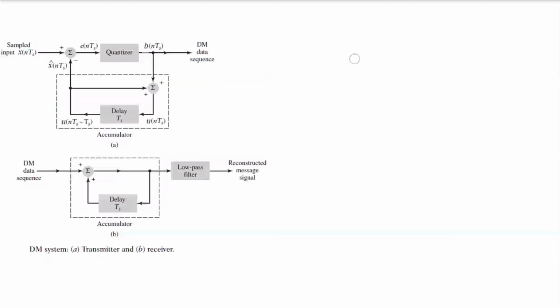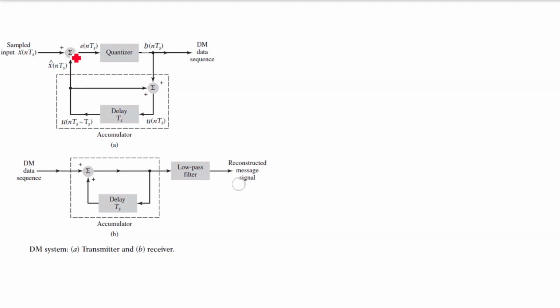Let us see the transmitter and receiver of the delta modulation. This transmitter and receiver of the delta modulation scheme are almost the same as the transmitter and receiver of the differential pulse code modulation scheme. Now you can see in the DPCM we had a prediction filter, whereas in this we will have a delay. The signal is x of n Ts, and its approximation is x cap of n Ts.